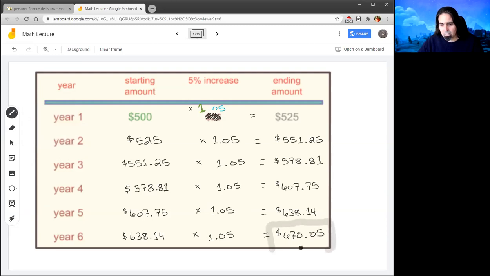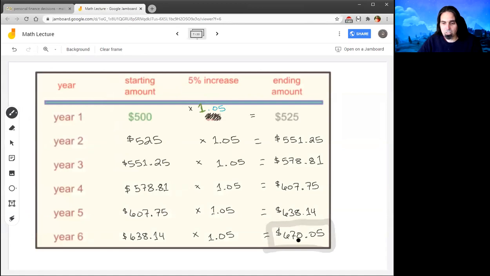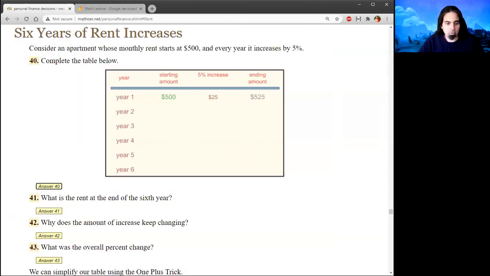Okay, I want to go back and do something. Now that this was efficient enough, it wasn't a waste of class time to finish. Let's look at these things. What's the rent at the end of the 6th year? We just put a box on it, 670.05. Why does the amount of increase keep changing?